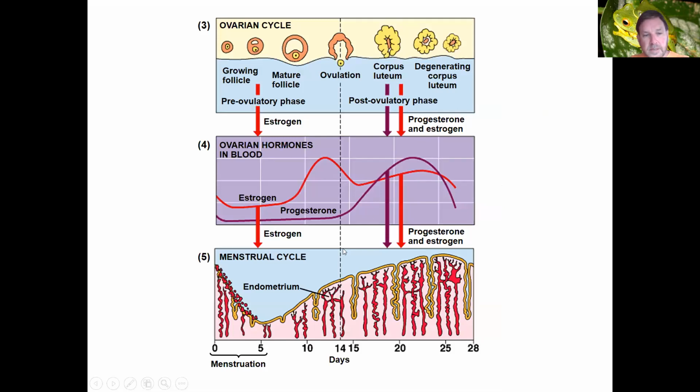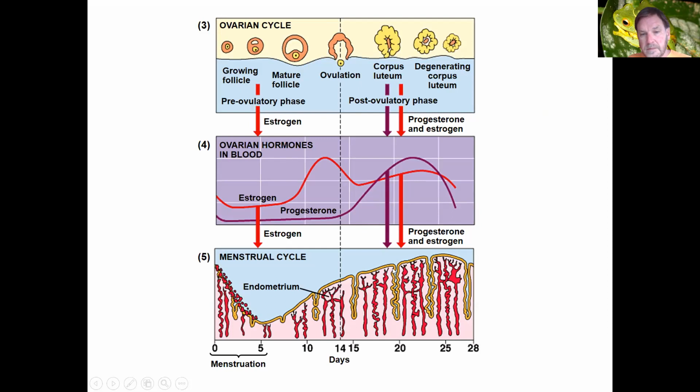So in the ovarian cycle, you have production of the egg, assisted in the follicle, ovulation, and the corpus luteum. If it degenerates, that leads to, if there's no fertilization, the endometrium lining being shed during menstruation.